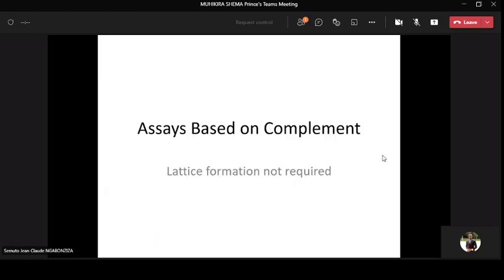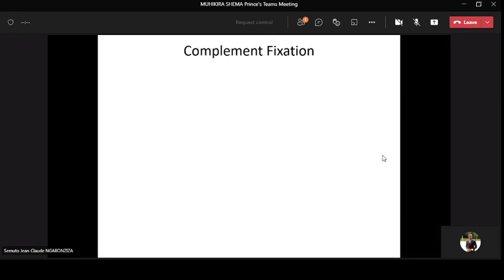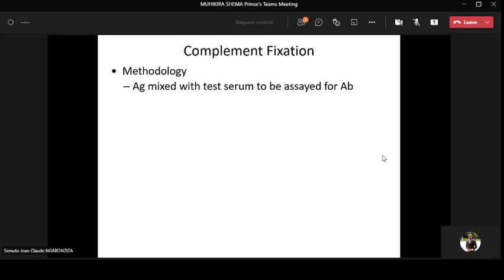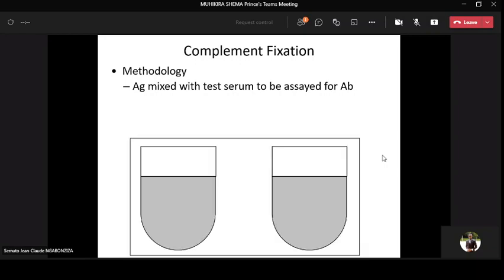There are also some assays based on complement, like the complement fixation approach. So antigen is mixed with test serum to be assayed for antibodies. You first mix antigen and the serum that you suspect has antibodies.